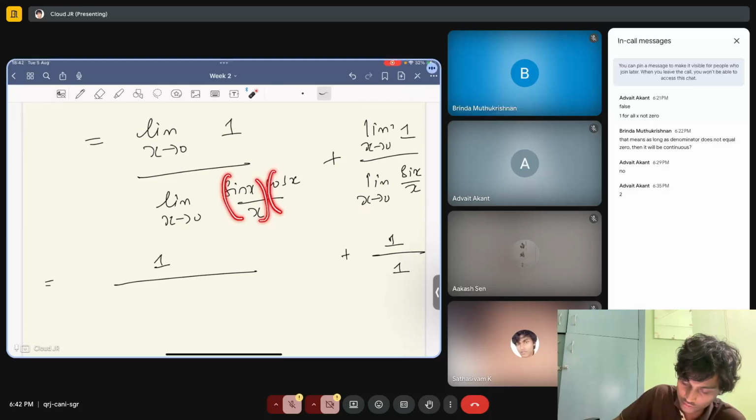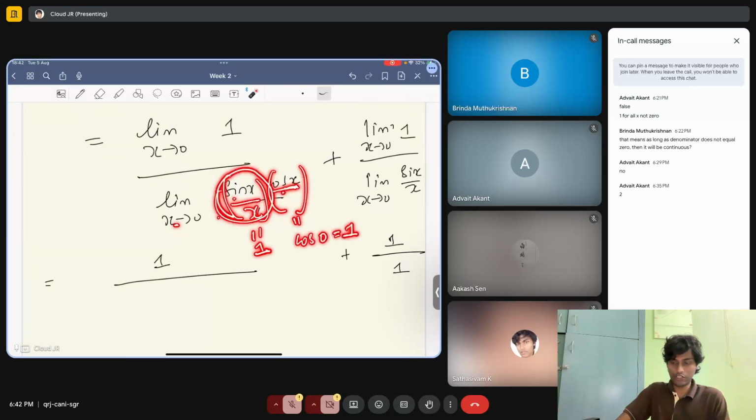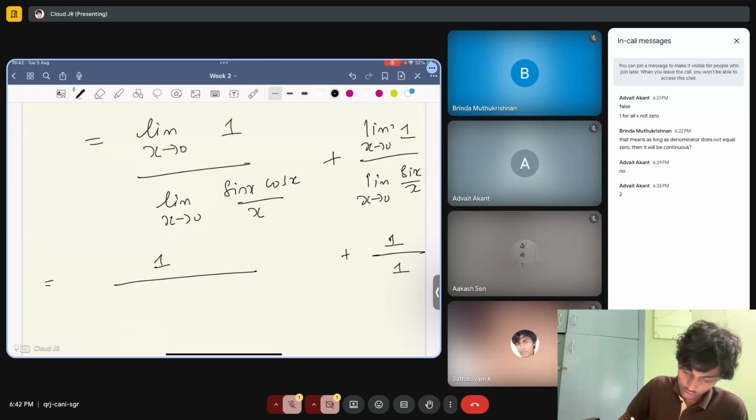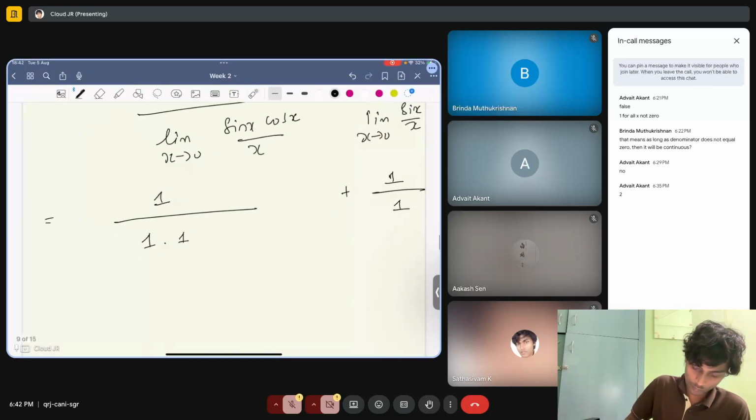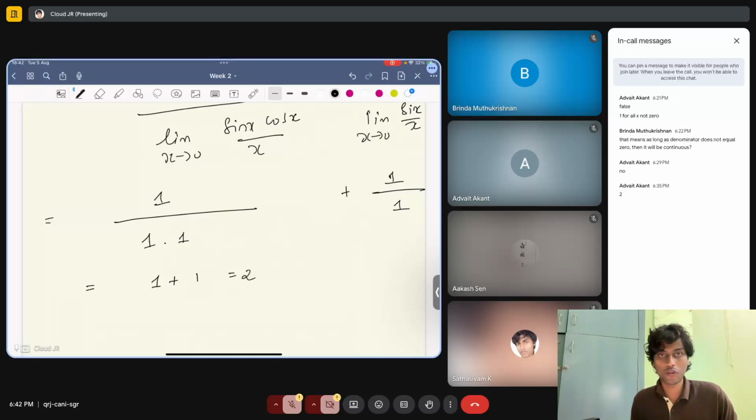But here you split it like this. So see it as a product of limits. And this part, the limit we know, is 1. And the limit as x tends to 0 of cos x: cos x is a continuous function, so that is basically cos 0, which is 1. So here it is 1 times 1, which is basically 1 plus 1. And that is 2. Okay.